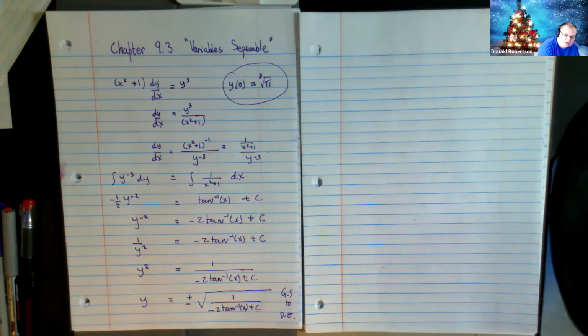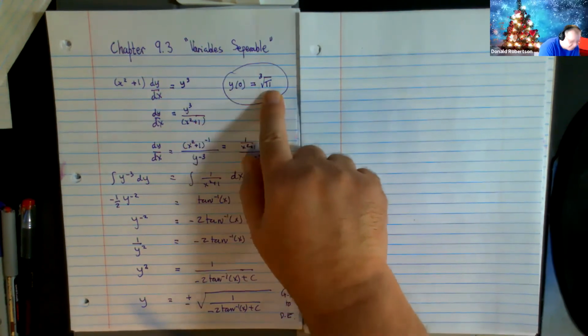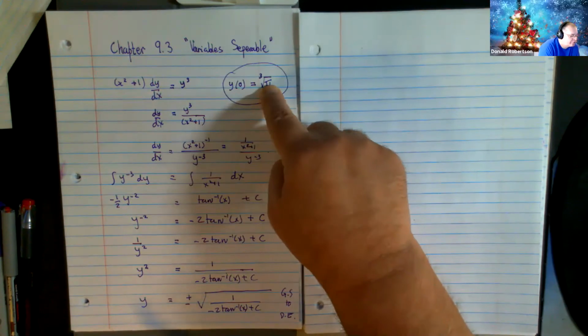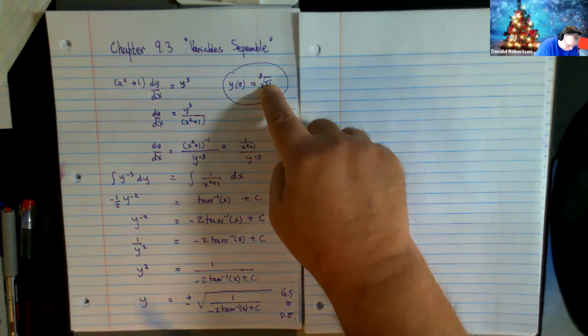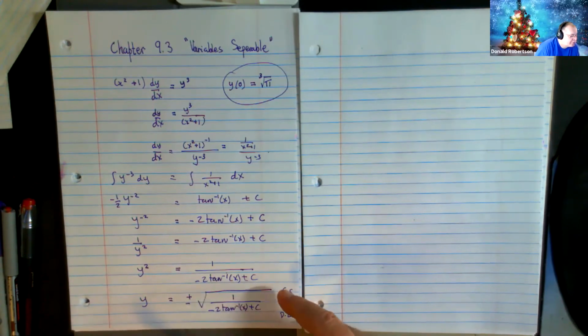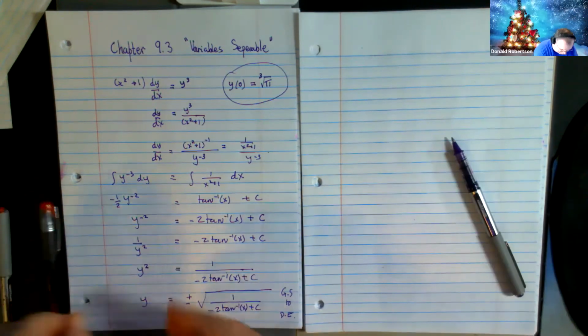And I can tell you right now that it's going to be the positive without even doing a calculation. And the reason is, isn't y at 0 a positive number? I mean, you agree cube root pi is a positive something, right? Well, you plug that in here, don't you have to use the positive square root to get a positive number? So I know it's going to be positive just because of that.